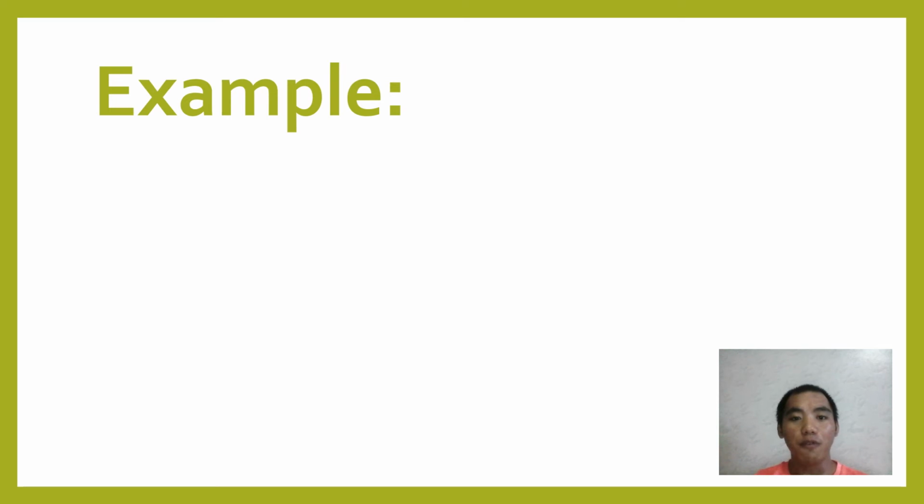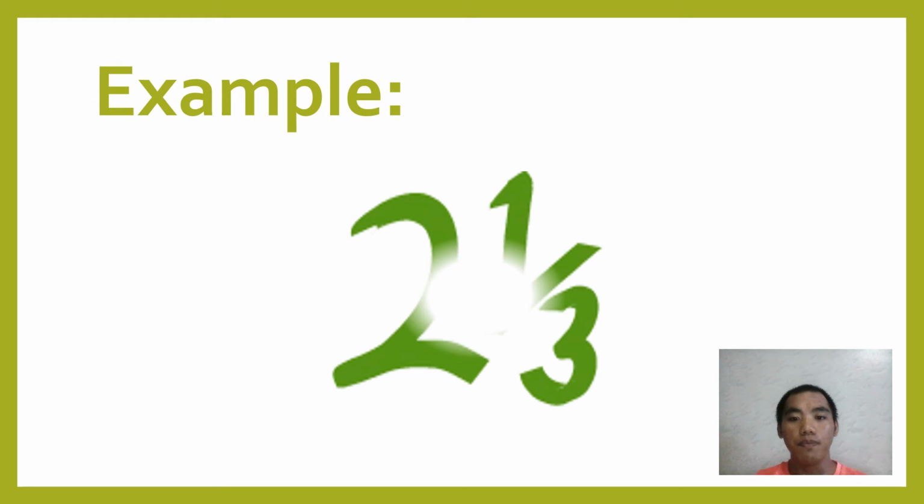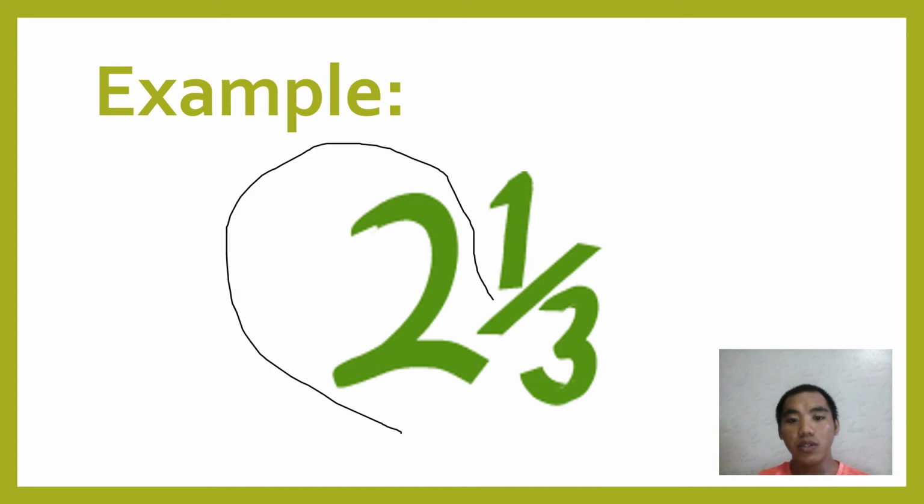An example of mixed number is we have here 2 and 1/3. Okay, 2 and 1/3. As what I've said a while ago, mixed number consists of one whole number and a proper fraction. Okay, our whole number in this fraction is 2.